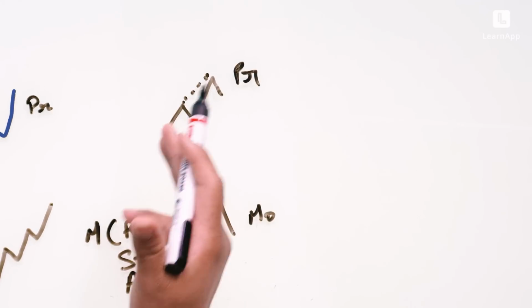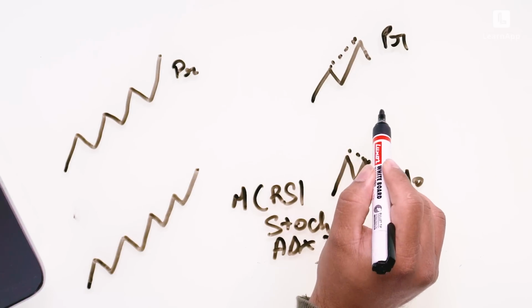The price did go up, but it went with less momentum. So if you use this little information and make more confirmations, you can make a trading setup out of this. How are trading setups made? Out of little pieces of information. So this is one piece of information which you have. You can use this in many ways and make a trading setup, which we have actually done in our workshops.